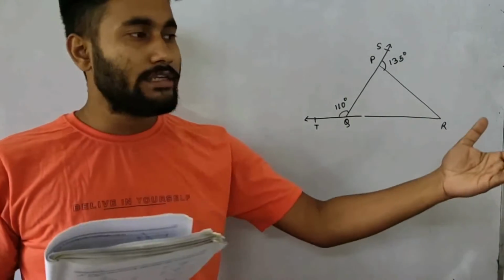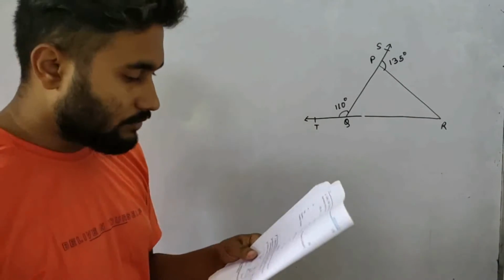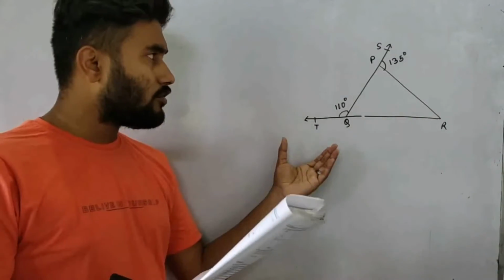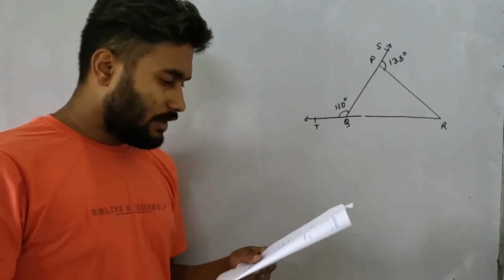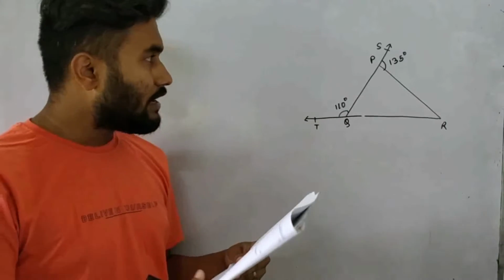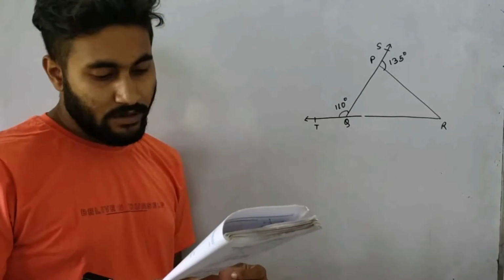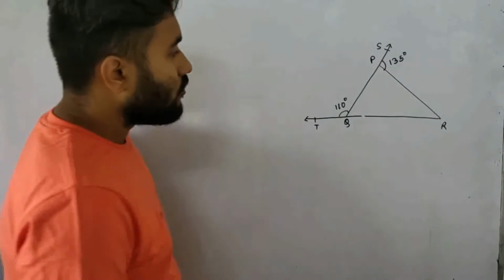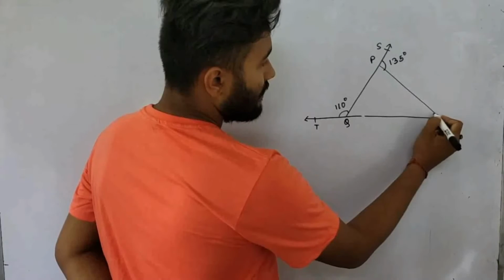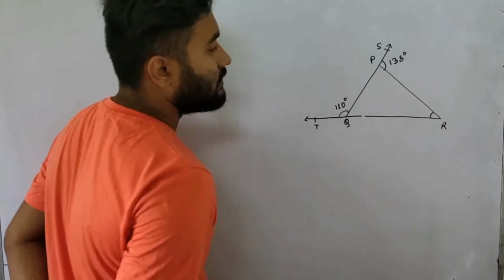If the sides are not extended, then the exterior angle will not come. If angle SPR is 135 degrees and angle PQT is 110 degrees, find angle PRQ. We need to find this angle.